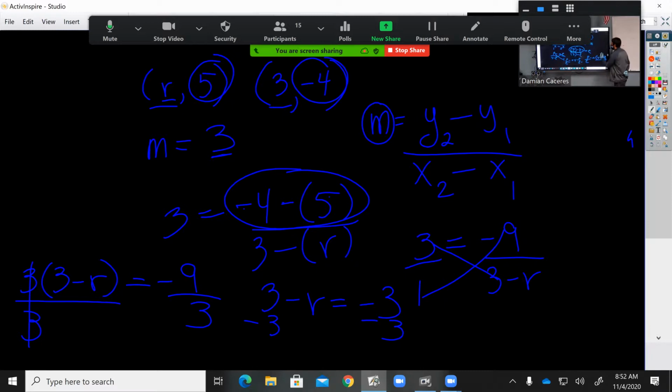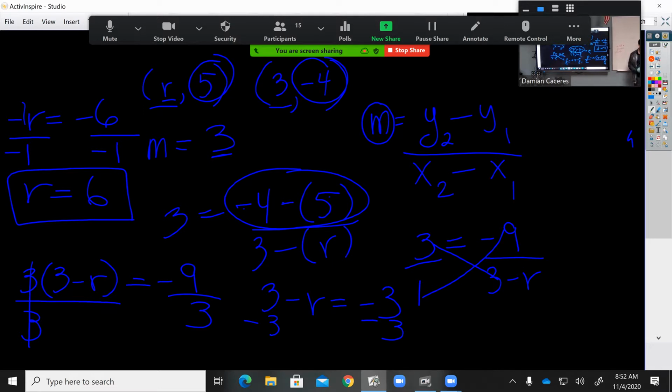It gives me -r equals -6. R is not by itself. The coefficient is -1. We can't stop until the variable is by itself. So the last step is divide by the coefficient. We get r equals +6. That's the missing x coordinate from the first point.